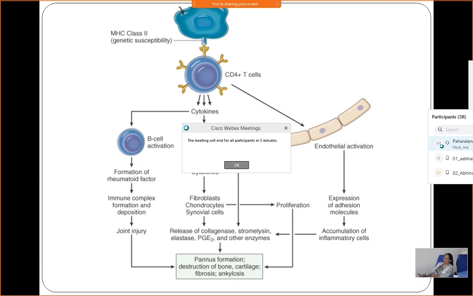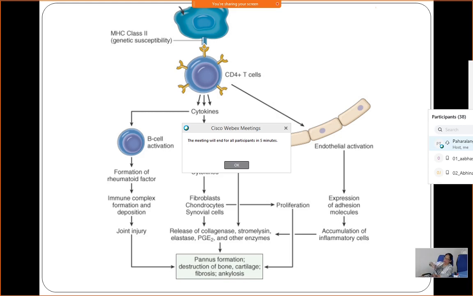Also there is proliferation of cells like fibroblasts, resulting in fibrosis, and there is ankylosis, which means the joint surface is lost, it becomes narrowed. In addition, these CD4 T cells will activate the endothelial cells, which express adhesion molecules, causing accumulation of inflammatory cells.